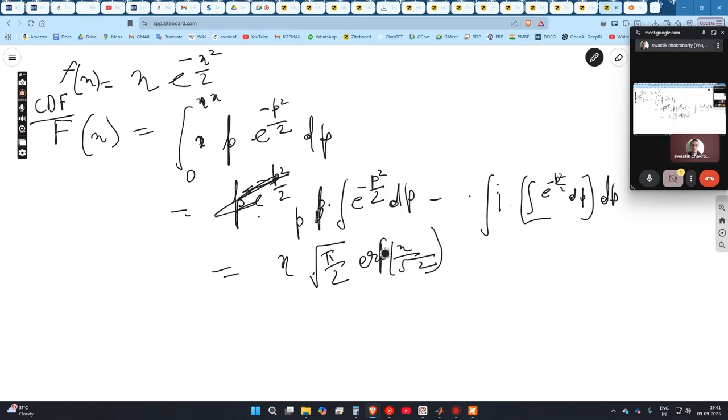Finally, you have to again integrate. Root pi by 2 will be outside, the error function of p by root 2 dp. So this is basically a double integration.